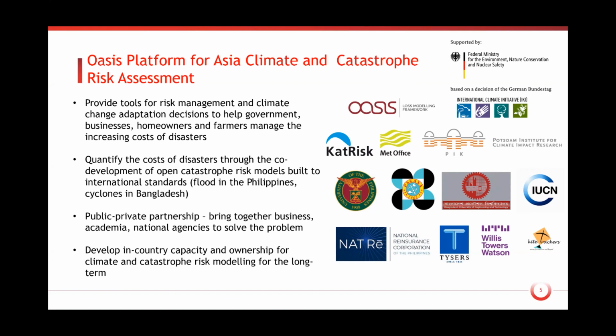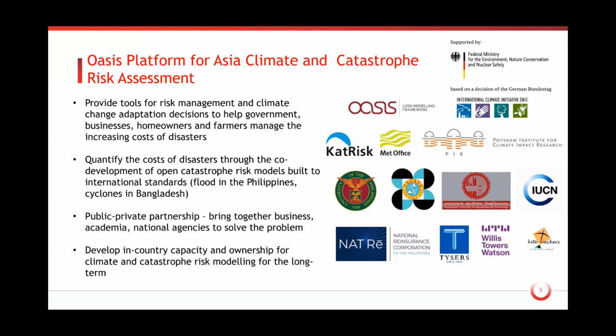The goals of the project are essentially to provide open tools for risk management and climate change adaptation decisions to help government, businesses, homeowners and farmers manage the increasing costs of disasters. The project will deliver models required to quantify the costs of disasters. We're co-developing an open catastrophe risk model built through international standards.